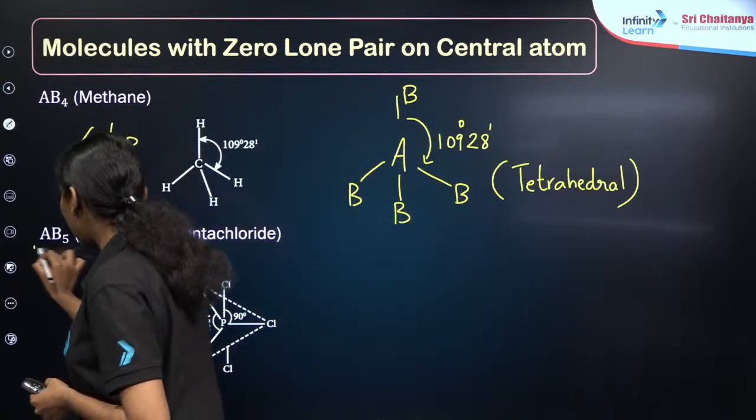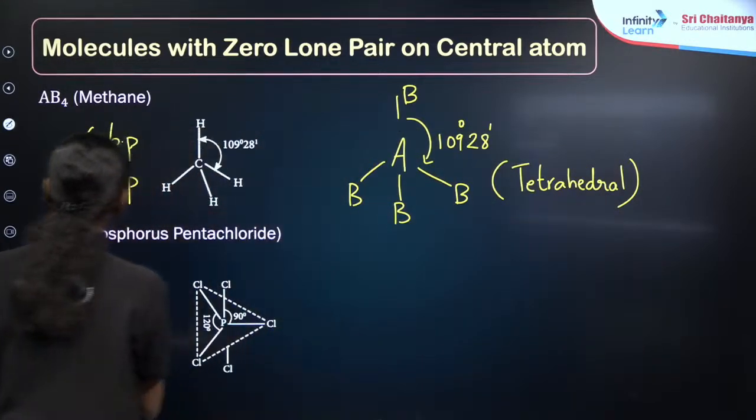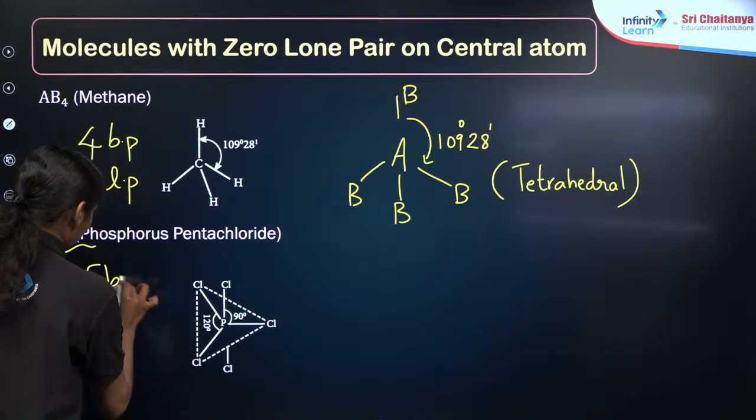The next one is the AB5 type, which means that 5 bond pairs are present with 0 lone pair.